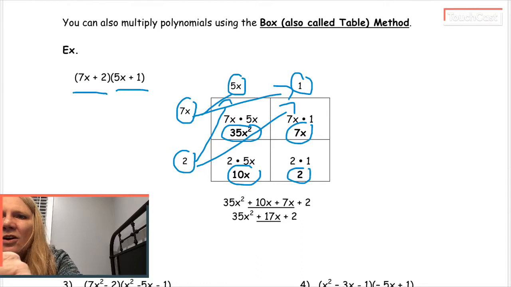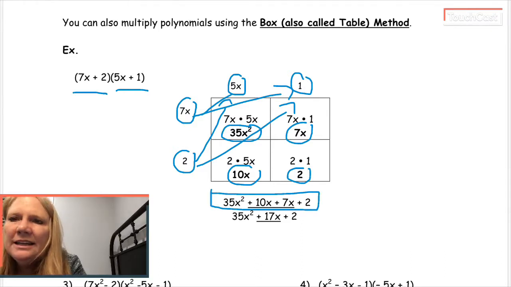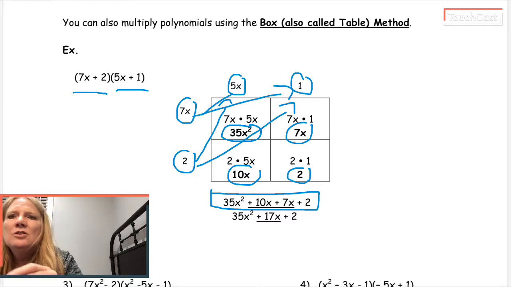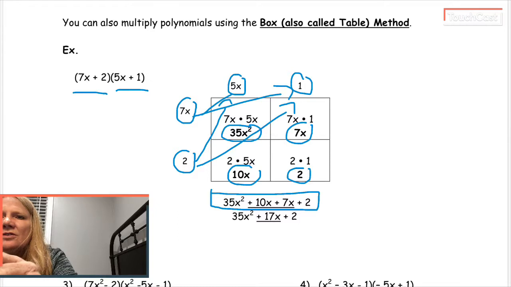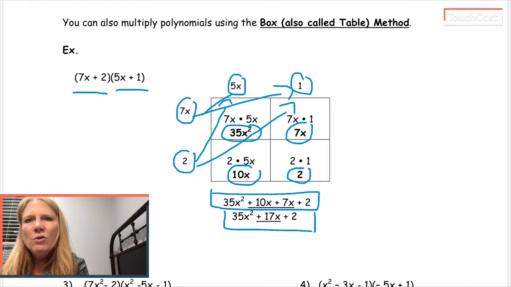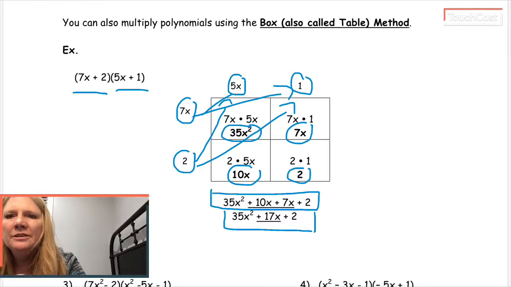And so then we bring all those terms down right here, and then we combine any like terms that we have, and you see we have a 10x and a 7x, which becomes 17x. So here's our final answer. And if you like the box method, by all means, you can use that, and we'll look at the FOIL method in just a little bit.